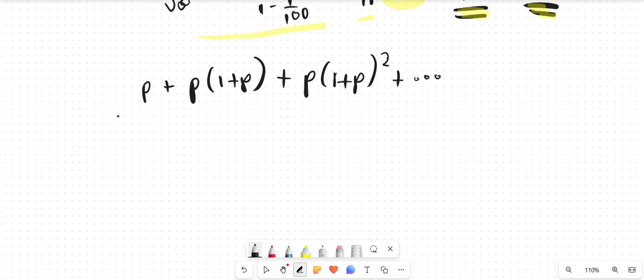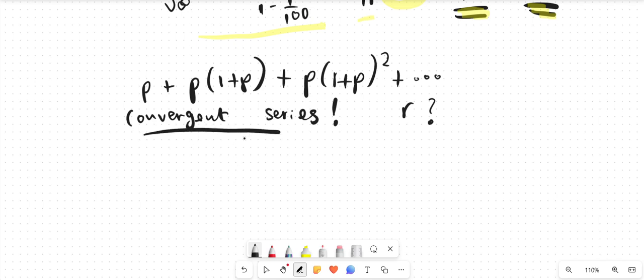So if they said this is a convergent series, if they already told us that it's a convergent series and they wanted us to find what the value of r is, one thing we need to remember is that if it's a convergent series, that means r lies between 1 and -1.